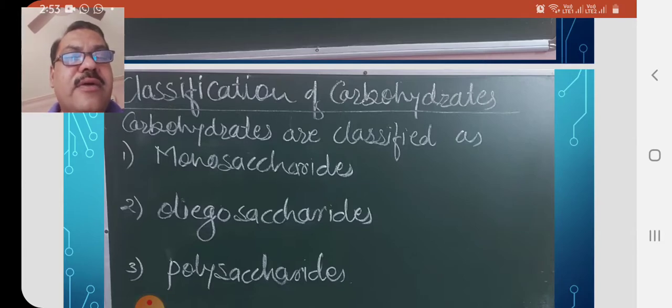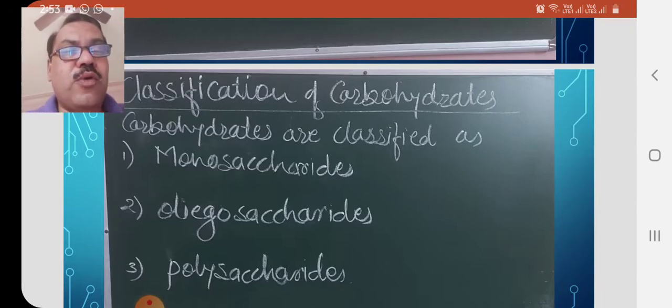Oligosaccharides are the compounds which on hydrolysis give 2 to 10 monosaccharide units, and polysaccharides are the carbohydrates which on hydrolysis give more than 10 monosaccharide units. But a monosaccharide unit cannot be hydrolyzed further.